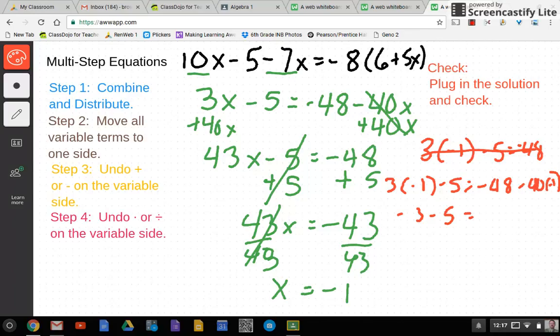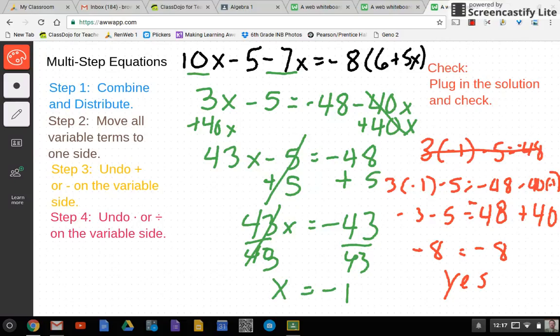So a negative 40 times a negative 1 would be a positive 40. So I would have a negative 48 plus a positive 40. So a negative 3 plus a negative 5 is a negative 8. A negative 48 plus 40 is a negative 8. So that one tells me that it checks out. Okay.